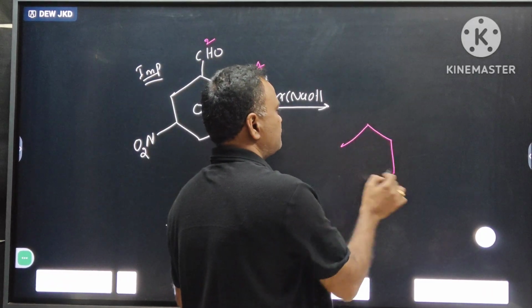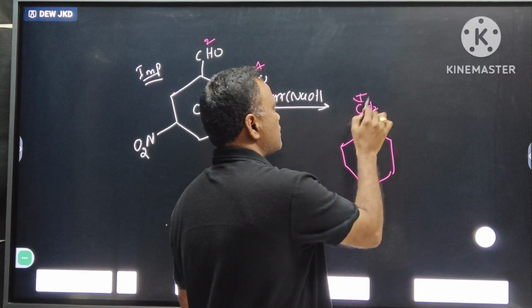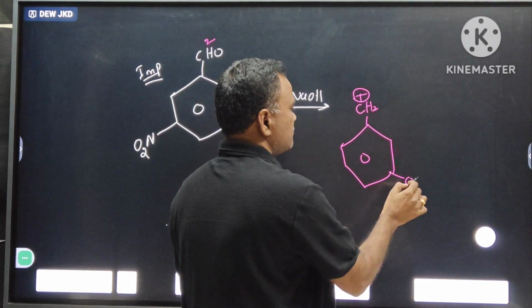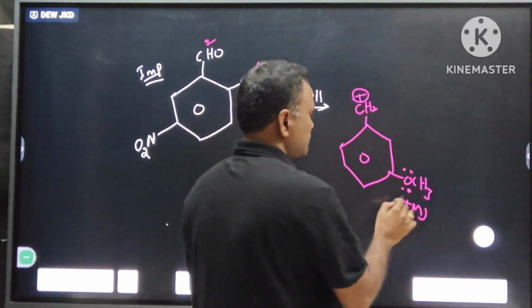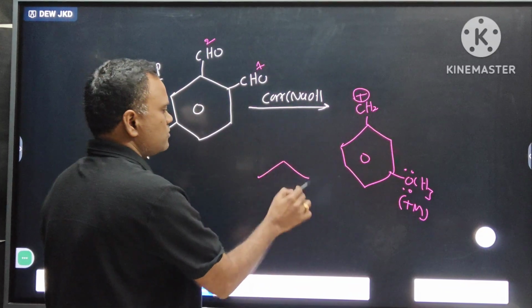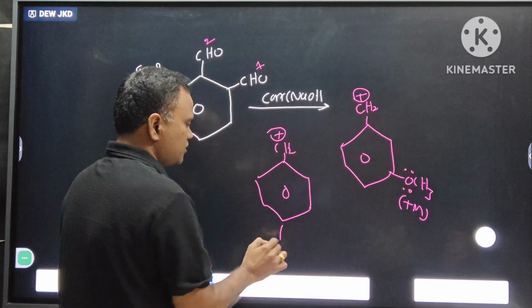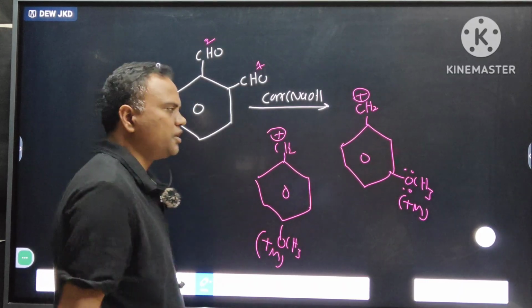Wait, just a second. Let us take this carbocation. OCH3 is a plus M group, right? Plus M, a general plus M group. Here also I am taking a carbocation. OCH3 is a plus M group. Which is the stable carbocation? Tell me.